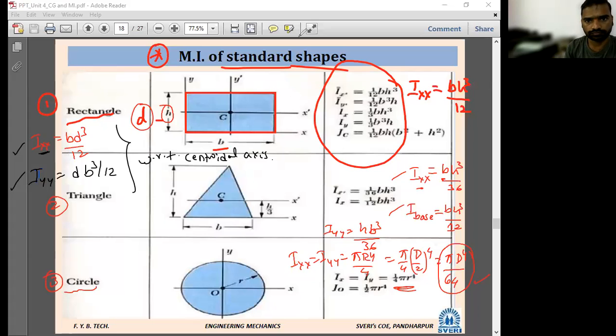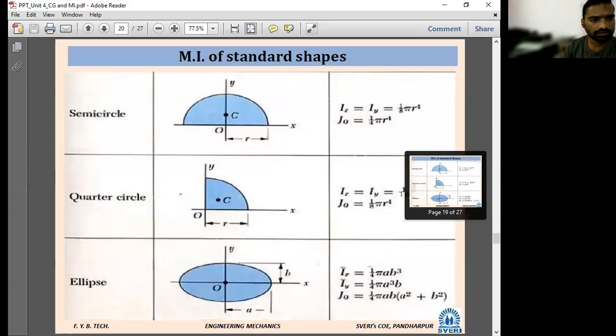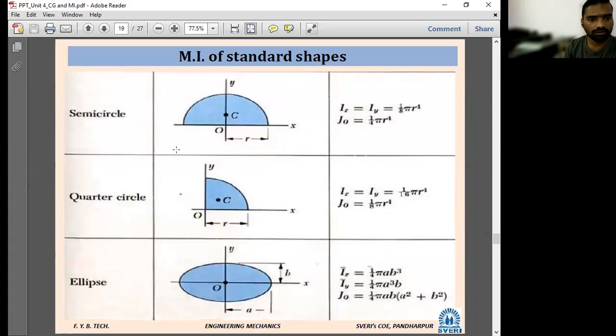Okay, see, this is a semicircle. So all of you write on if you want. Fourth one is semicircle.